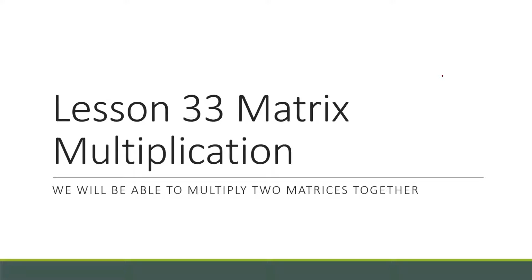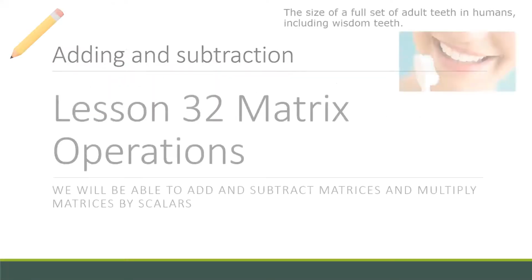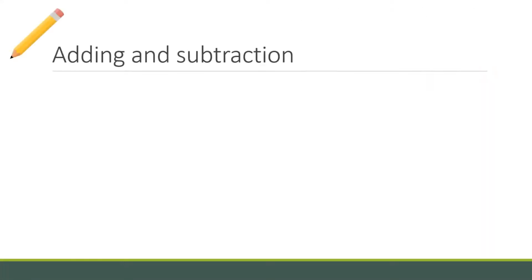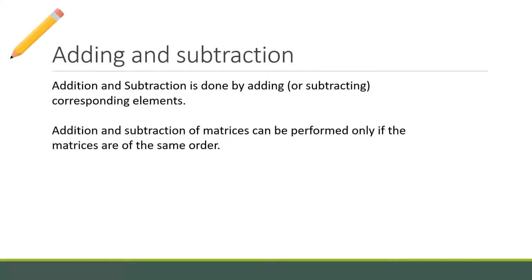Before I talk about matrix multiplication, let's go back quickly to what we did last time. Last lesson, we talked about adding and subtracting matrices. We talked about how addition of matrices requires them to be the same order, meaning the same size.